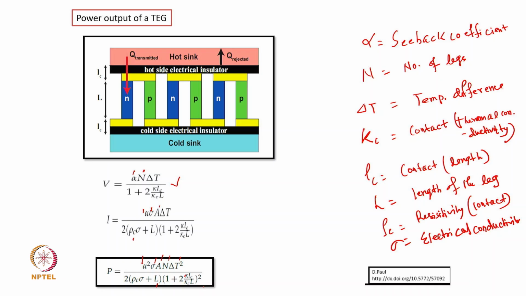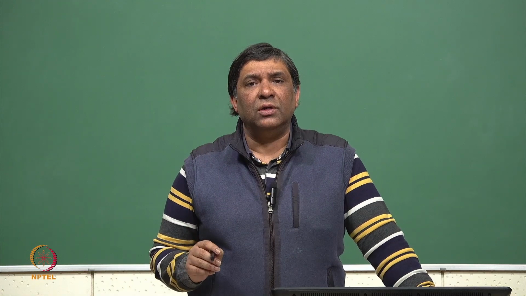If you look at this particular expression, this clearly shows that it depends on the power factor alpha square sigma. So, you can see P depends on power factor alpha square sigma, on the area, on the number of legs, and on temperature difference, and they are not all directly proportional.